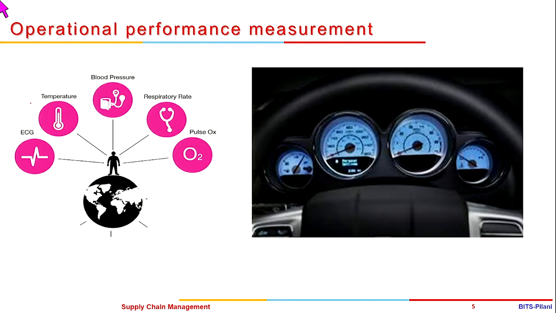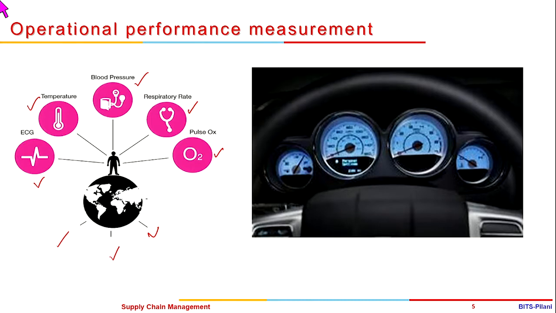These tests could be temperature, blood pressure, respiratory rate, pulse rate, and ECG, and there could be several other tests he may perform. These tests indicate to the doctor whether your body is performing properly or not.